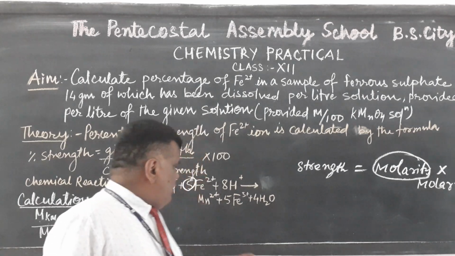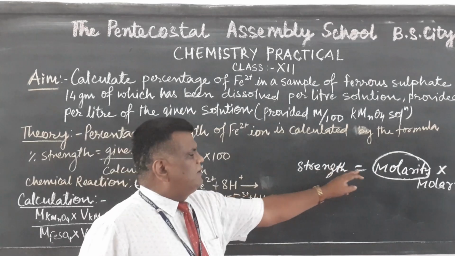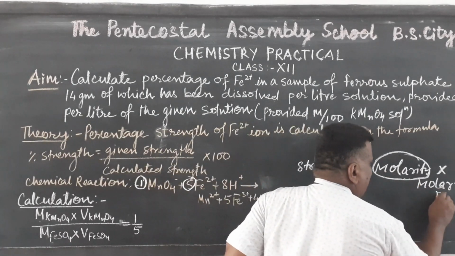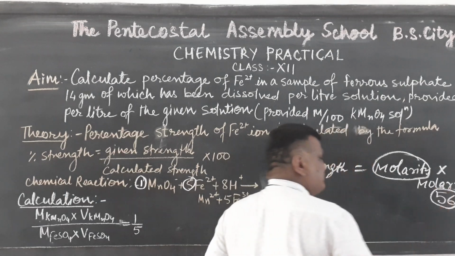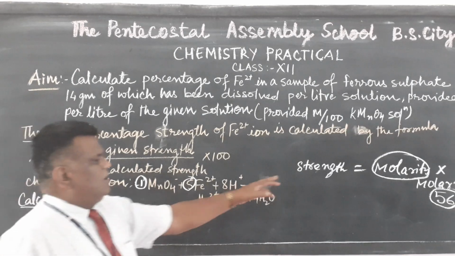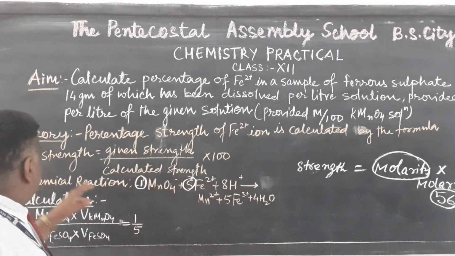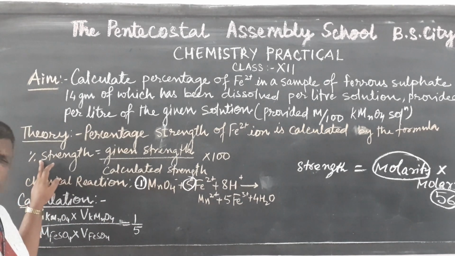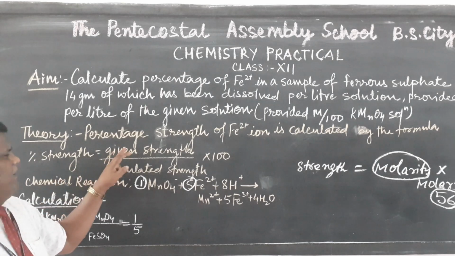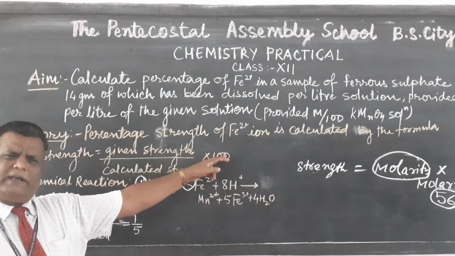So by finding the molarity by this relation, we can find the strength by this relation. The molar mass of Fe2+ is 56. And the molarity you can find by this process, so strength you can find easily. By knowing the strength, the percentage strength is most important. Percentage strength is equal to given strength by calculated strength into 100.